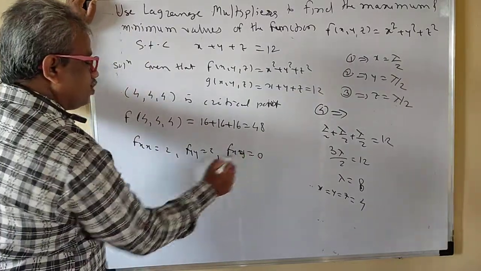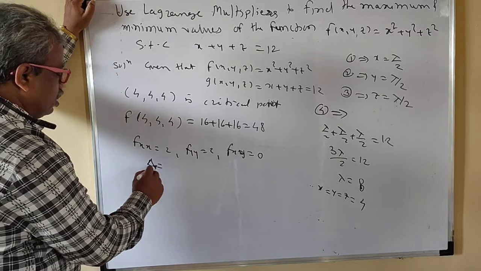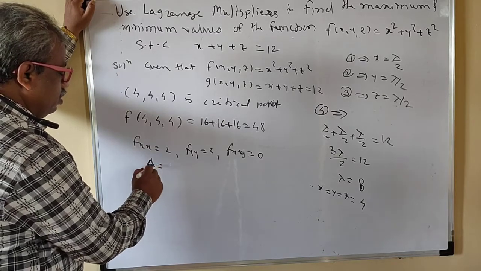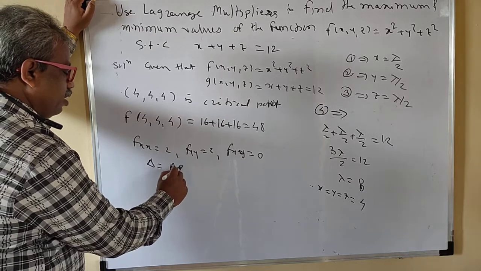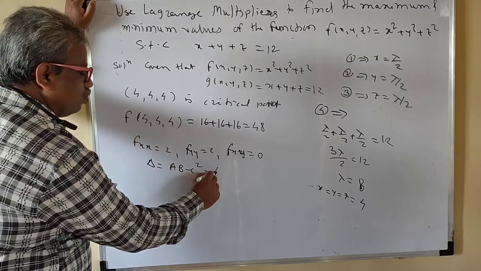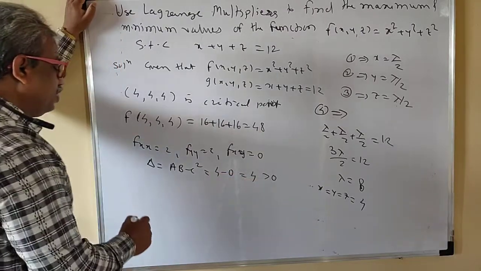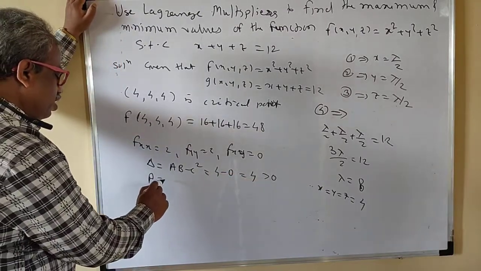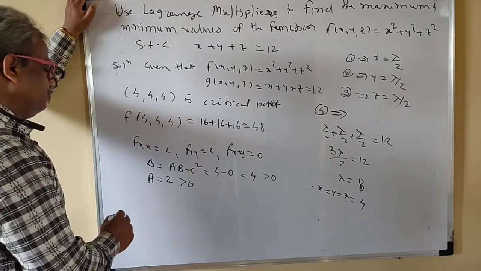Your delta is what? Delta is AB minus c square. So this is 4 minus 0. So this is 4. This is 0. Right? So your A is what? 2. Your A is 2, greater than 0.